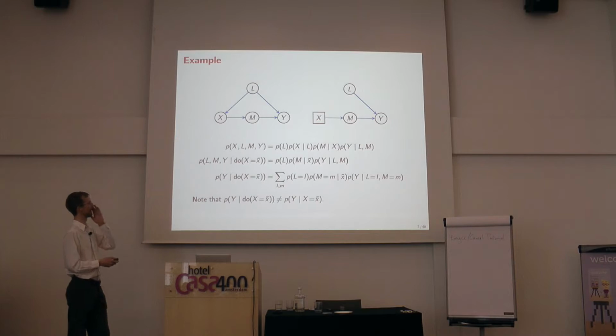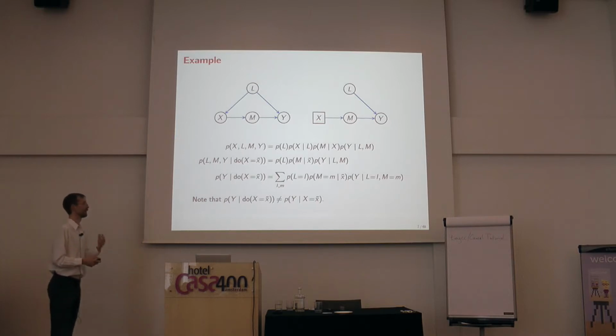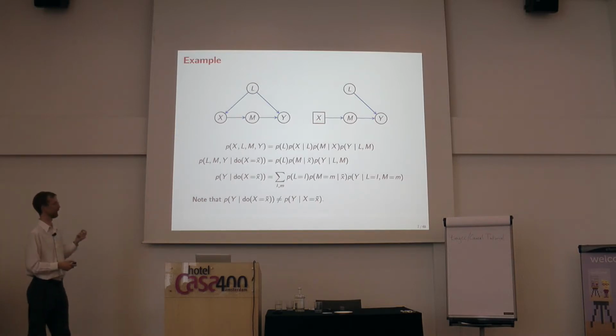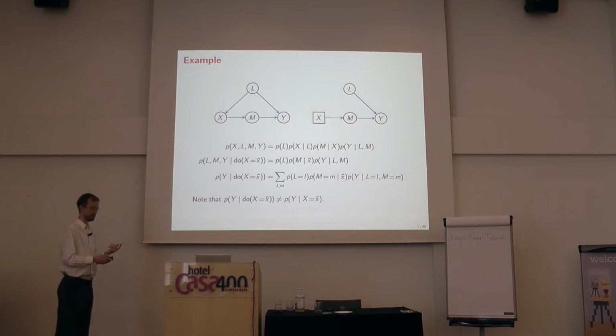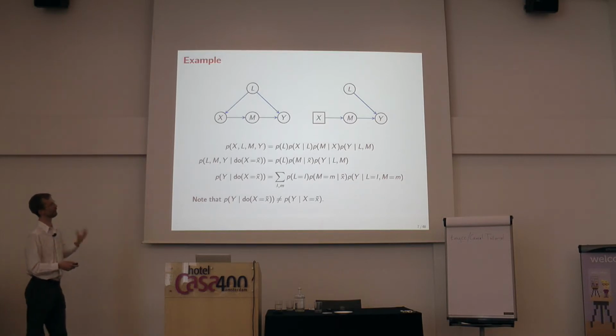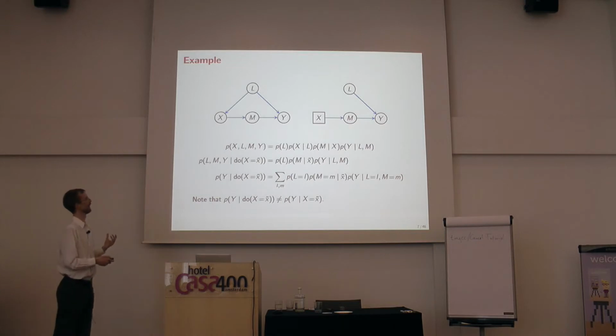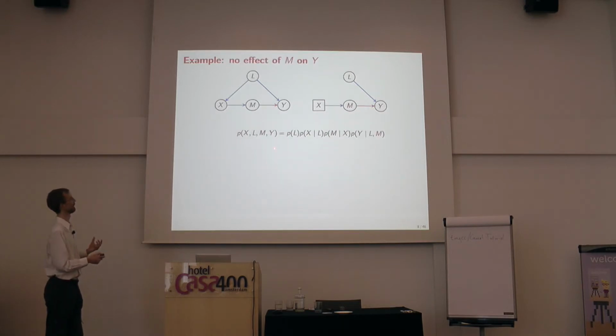And the key point here, the reason why we're writing do x equals x tilde, is that this is not the same thing as just the ordinary conditional distribution for y given x equals x tilde. If you want to convince yourself of that quickly, if it's not immediately obvious, think about the case where this edge from M to Y is not present.